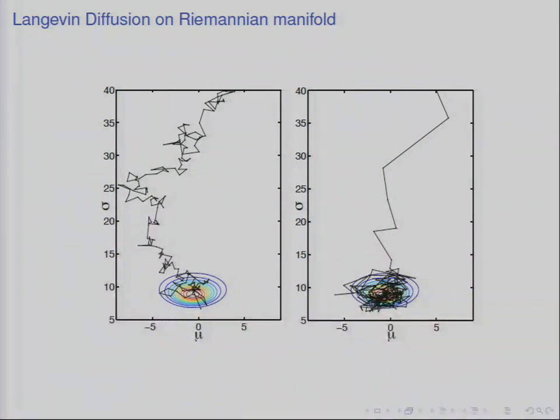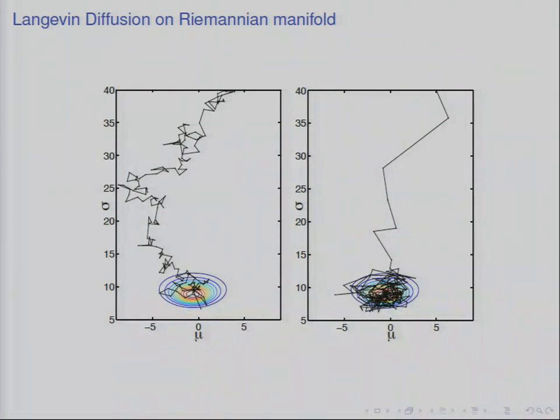On the other hand, if I take into account the geometry of the hyperbolic space of the univariate normal distribution, and I define my Markov chain using the associated metric, then we get something that looks like this. So you can see that we're making far larger proposals and accepting them.